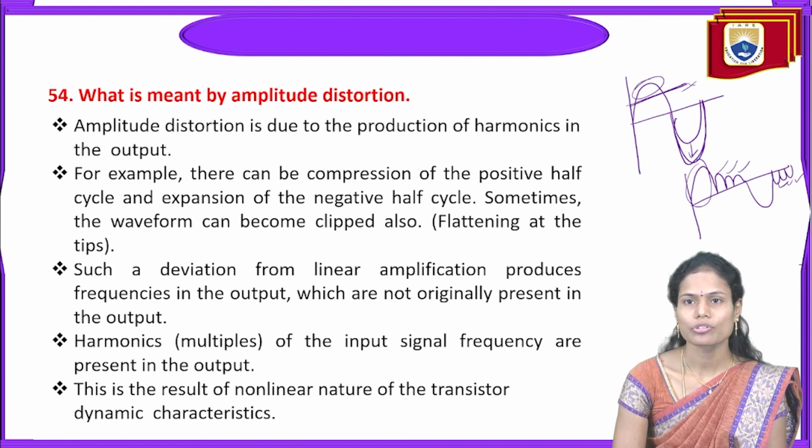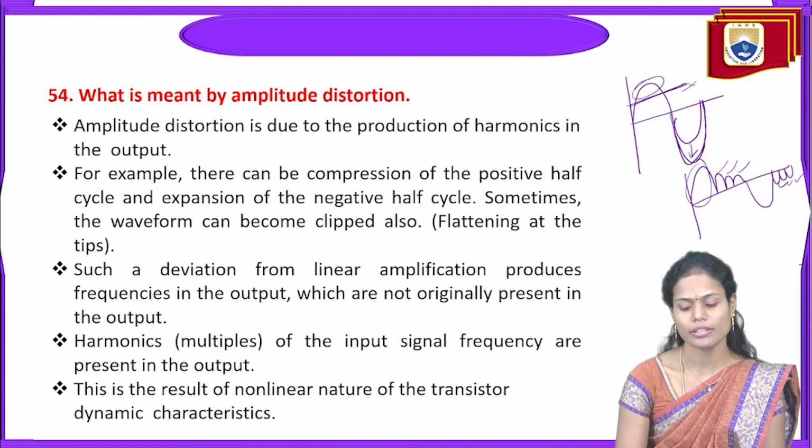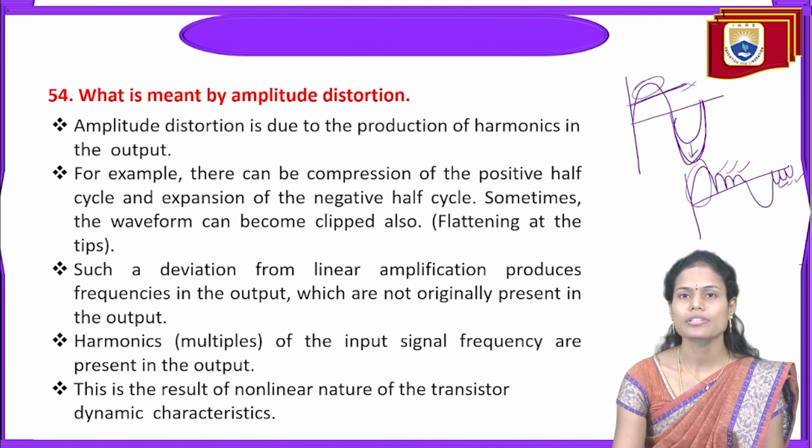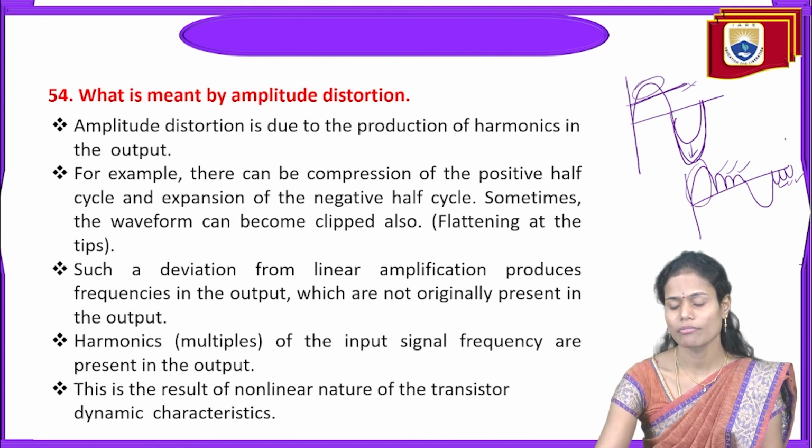Actually, why is this amplitude distortion occurring in the circuit? Due to the non-linear nature of the transistor dynamic characteristics, this amplitude distortion occurs in the circuit. So because of this, we are getting the undesired signal along with the desired amplified version of the output signal.